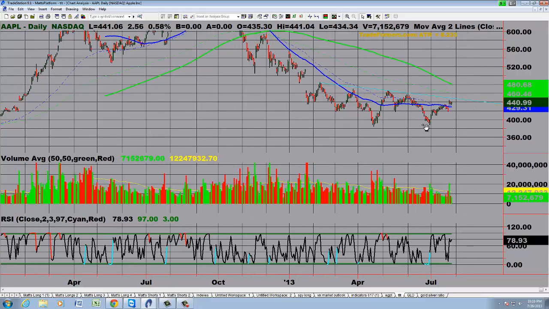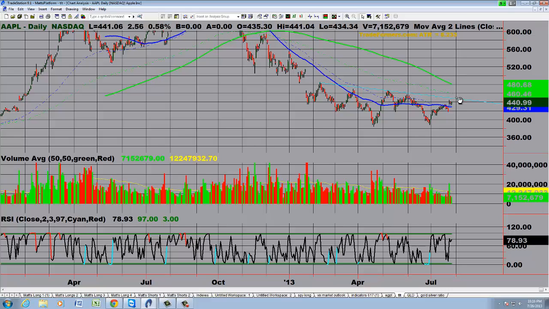Probably, again, at least a test of the lows and a potential, who knows, we'll take a read back if we take out that 50-day moving average. But for now, I can see this head and shoulders pattern forming.